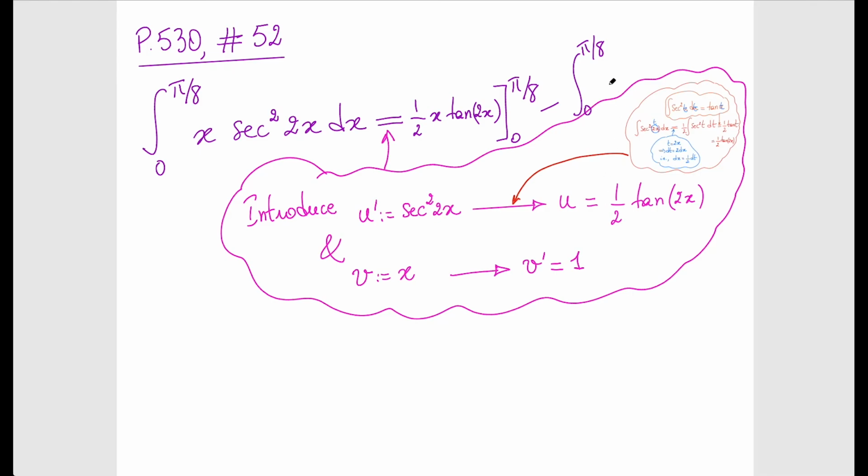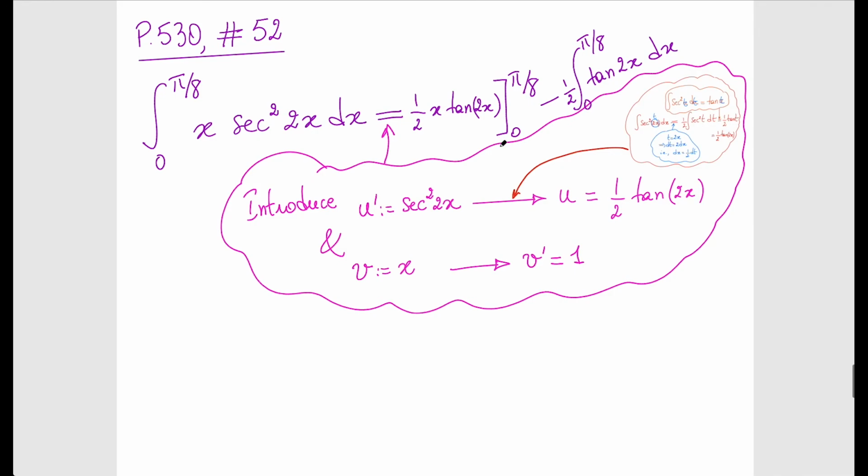And now we're going to integrate u times v prime. And u is half tangent 2x and v prime is 1. So you're going to have the multiplicative constant half outside, tangent of 2x dx times the 1. So it's like this, right? Okay. Alright. So this is equal then to, let's do the evaluation.